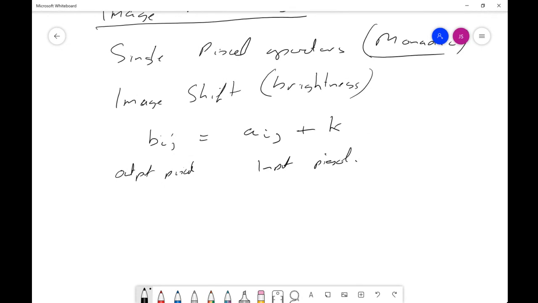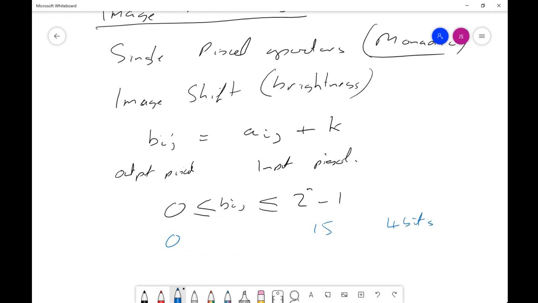So image range Bij has got to be somewhere greater than or equal to 0 and less than or equal to 2 to the n minus 1, which is n bits resolution, which for exam questions would be 0 to 15, that'd be 4 bits resolution.